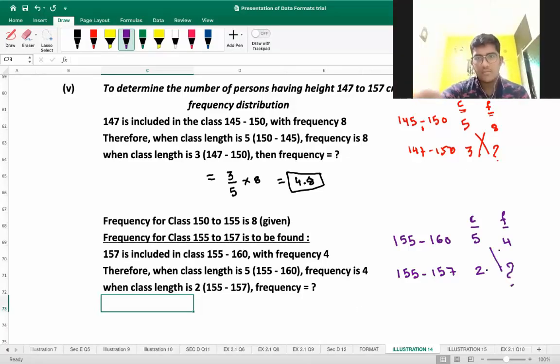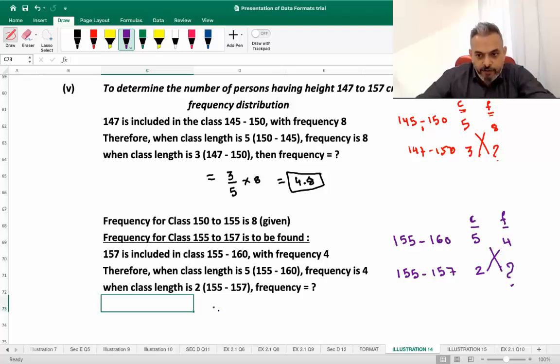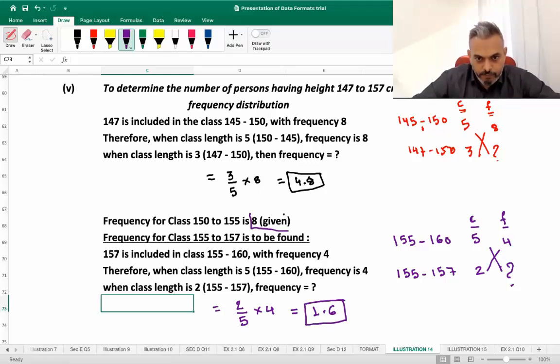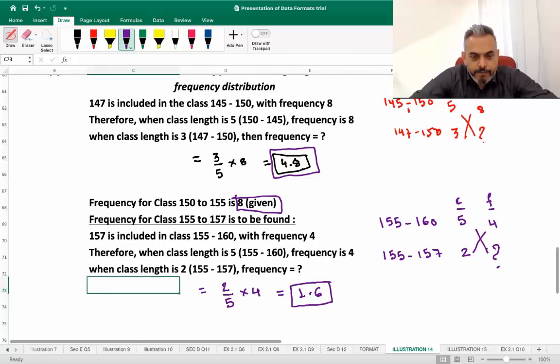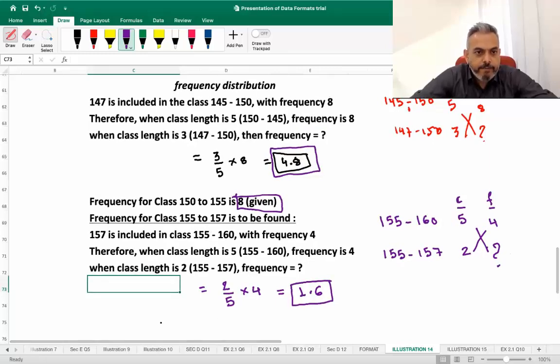So cross multiply, which is equal to 2 divided by 5 into 4, which is equal to 8 divided by 5, that is 1.6. Now we have got everything with us. Let's write it down in a better way.